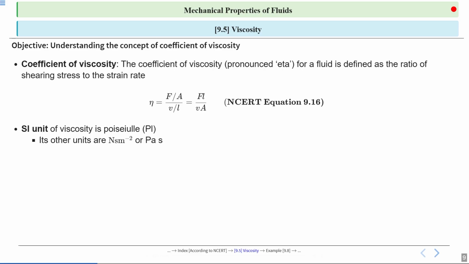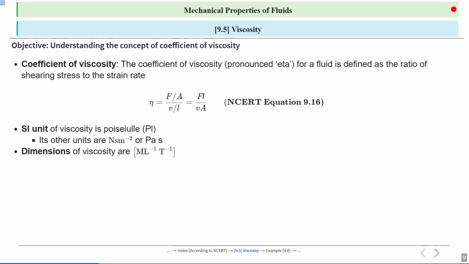Its other unit is Pascal second. These are equivalent ways to express viscosity in SI systems. Dimensional formula: M L inverse T inverse. This tells us how viscosity relates to the fundamental physical quantities of mass, length, and time.